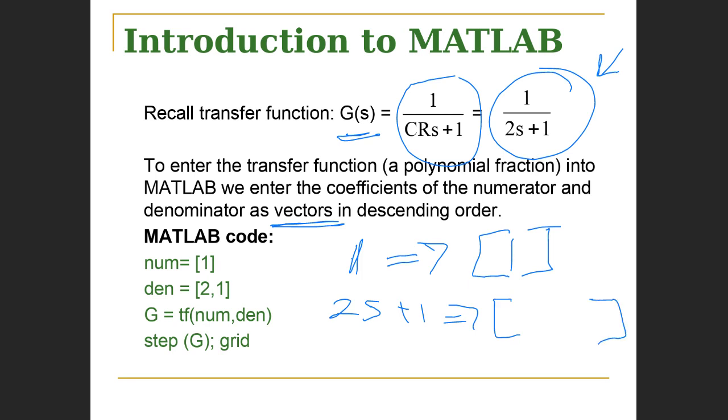Start with the highest term. The highest term is that associated with s. What is the coefficient of the term s? It is 2. Going down the line, what is the coefficient of s to the 0? That is 1. So I've just converted the polynomial form into vector form. Now in MATLAB, we could define these terms, numerator and denominator.